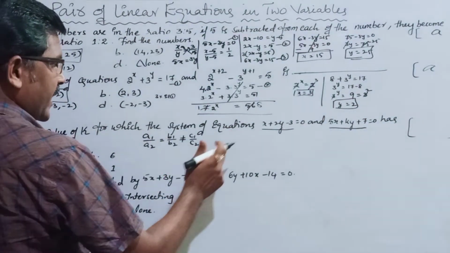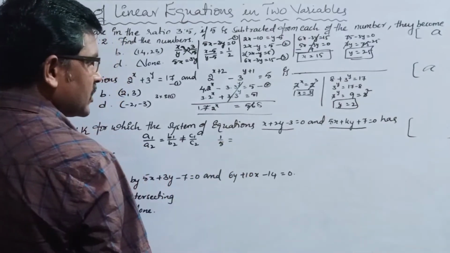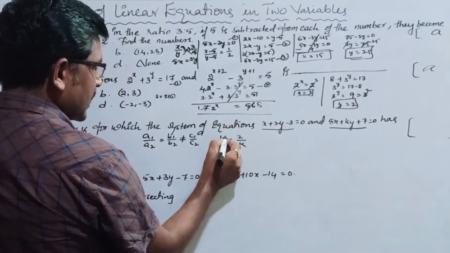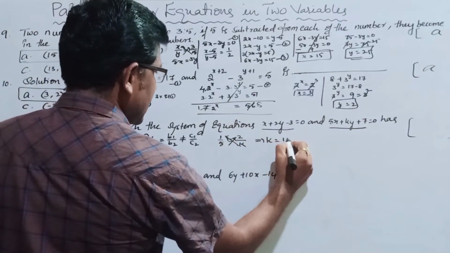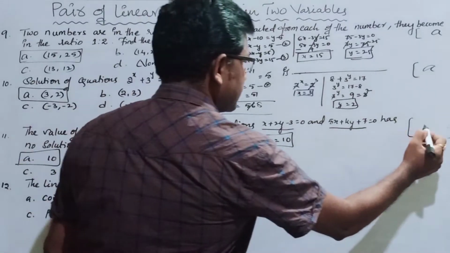Let's check a1 by a2. 1 by 5 is equal to 2 by k. So then cross multiplication, k is equal to 10. So the option is option A.